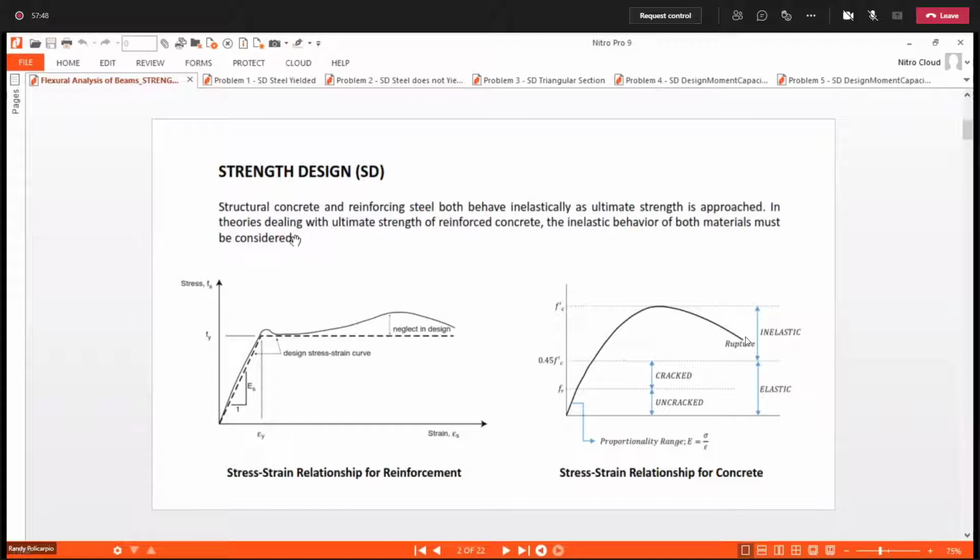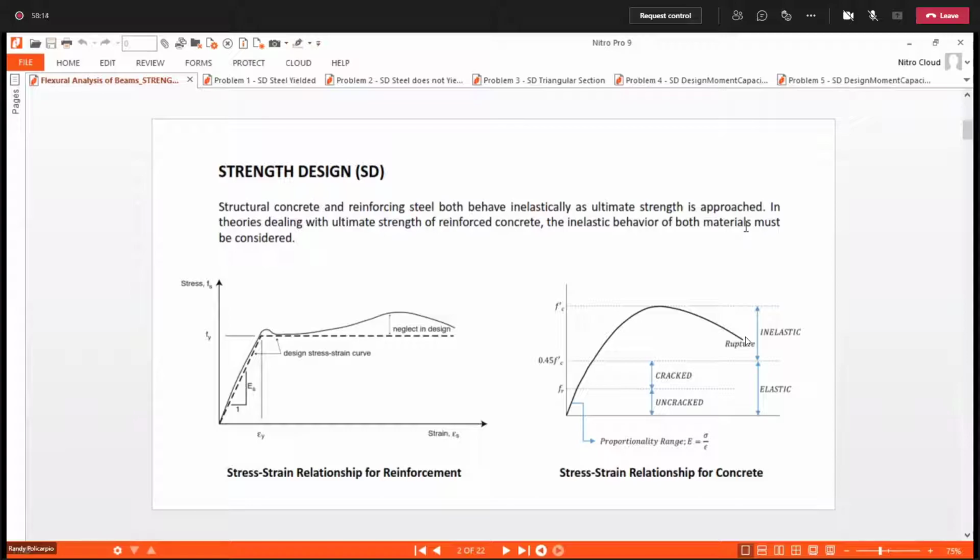So mention here that structural concrete and reinforcing steel both behave inelastically as ultimate strength is approached. Okay? So kapag WSD tayo, doon yung elastic. So pagdating ng ultimate strength, our material is no longer elastic. So they behave inelastic. Okay?